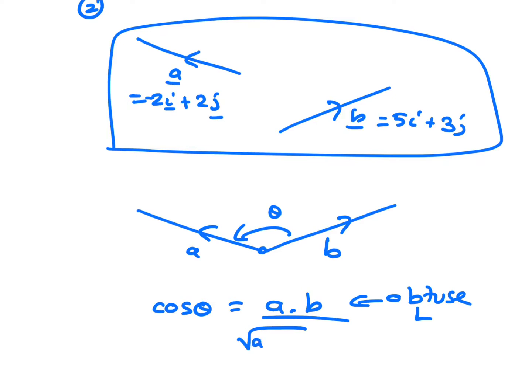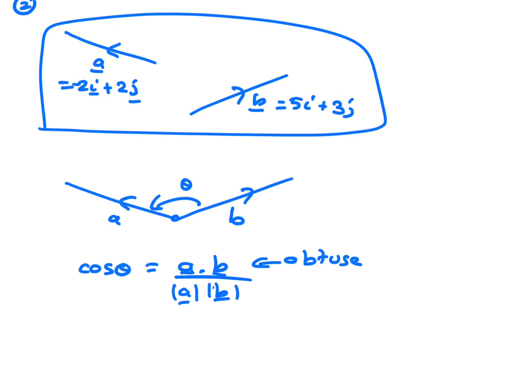Let's sub the numbers in and write the formula. That will be on mag A on mag B, and it will be an obtuse angle. Let's see how this works out.